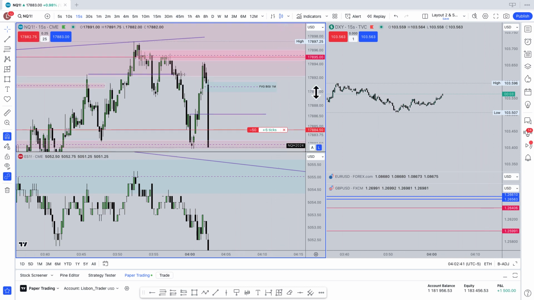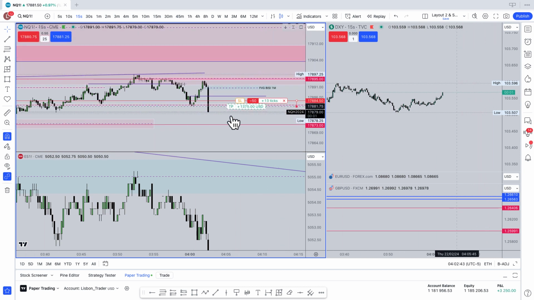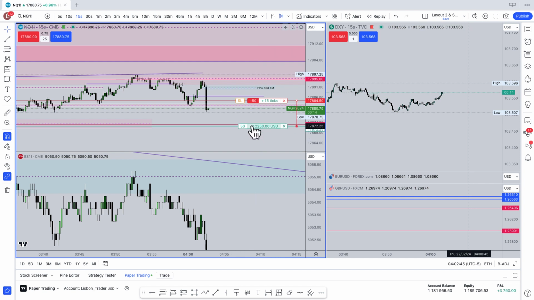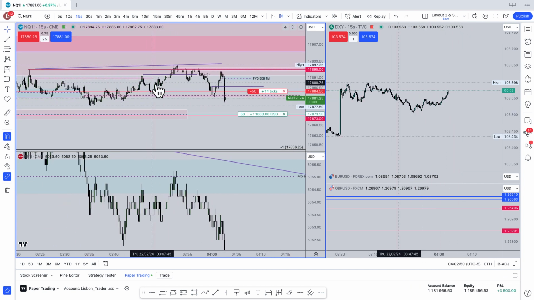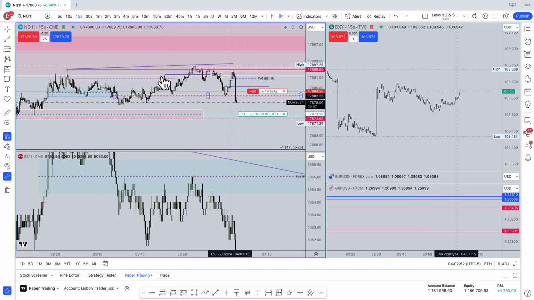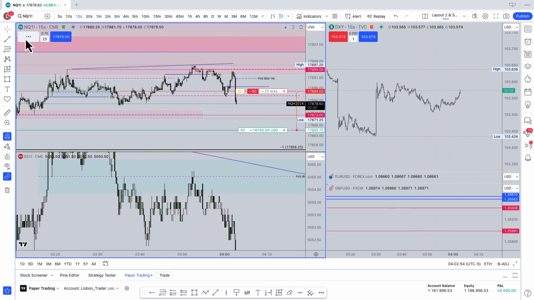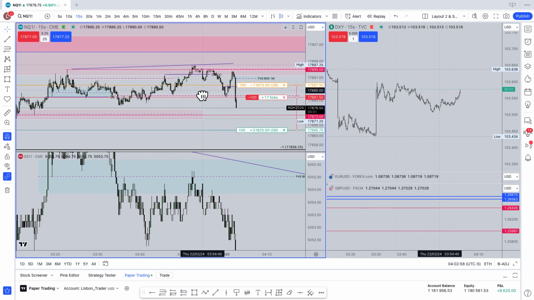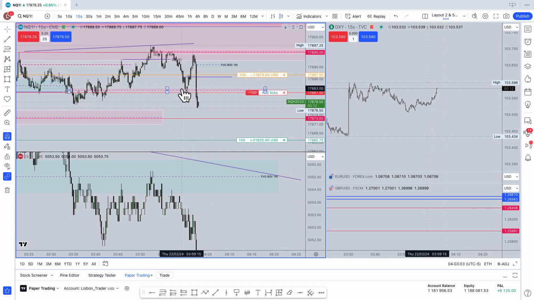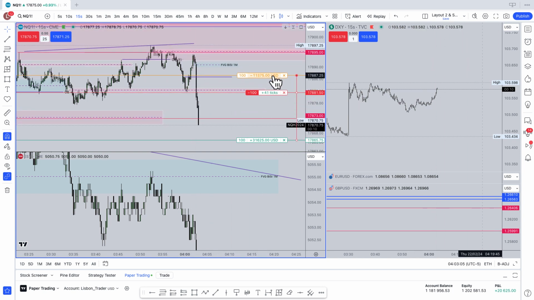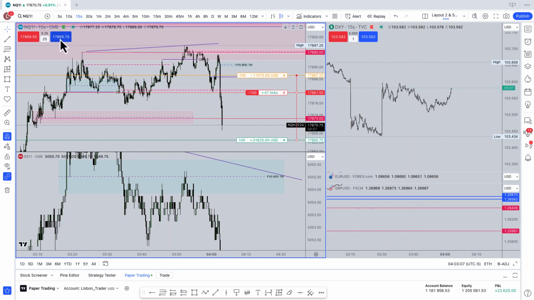So yeah, it's going lower now. Yeah, it's a 2020 model here. So let's push it lower. Stop now stays above this breaker.